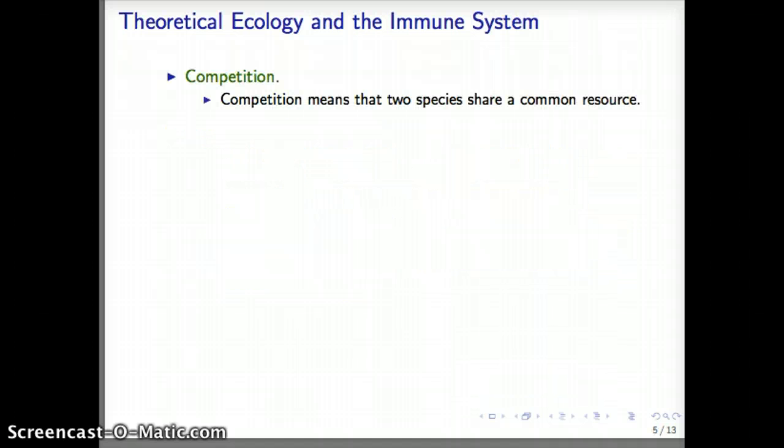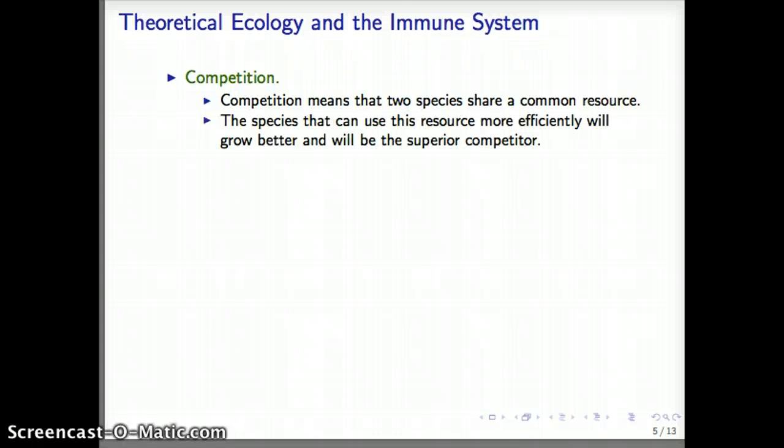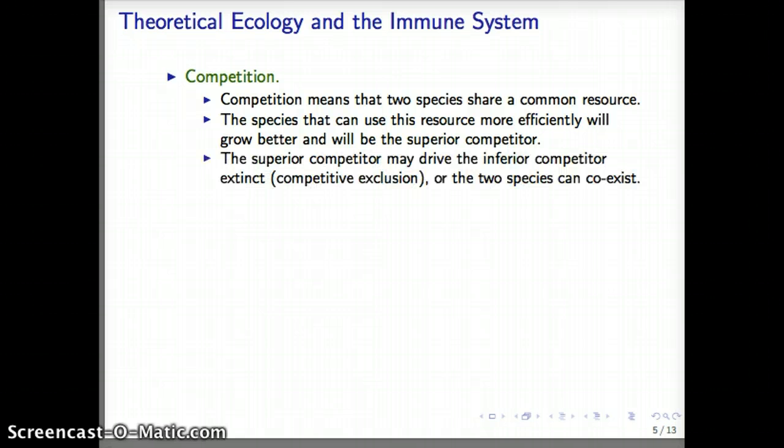The other concept we'd like to discuss has to do with competition. This means that two species or more are sharing some common resources, and the species that can use them efficiently, here the efficiency pays off. So the species that finds a way of using the resource very efficiently will grow better, and will have the upper hand, will be a superior competitor.